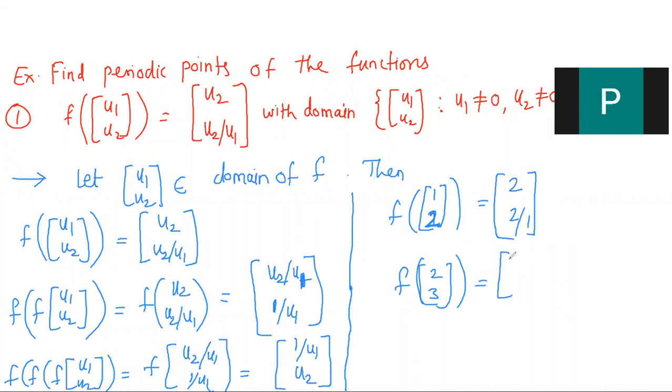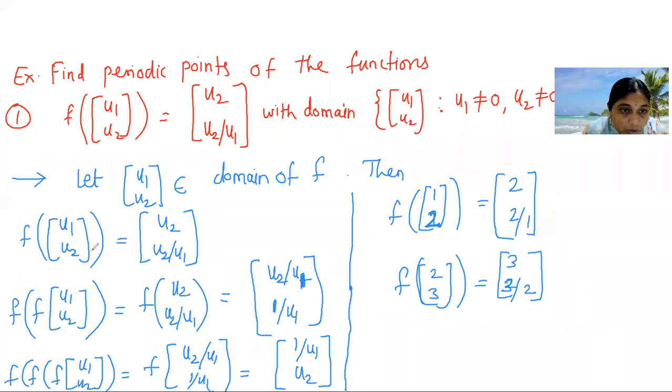It is 3 first and 3 by 2 second. Like this. So I am operating f again on this. I want f raised to k at v equal to v, and I want to find that k. So I will go on operating f until I get RHS as u1, u2.